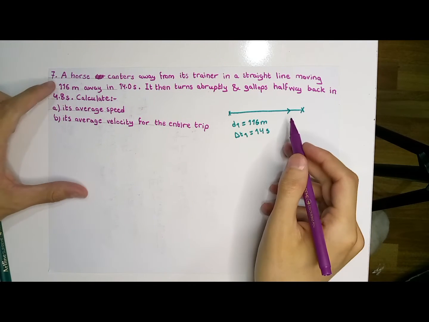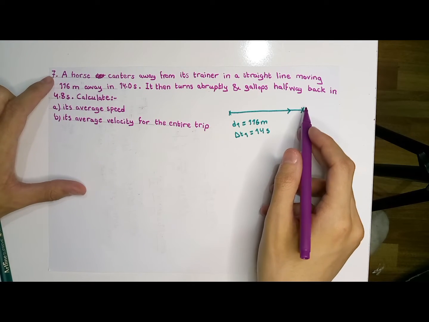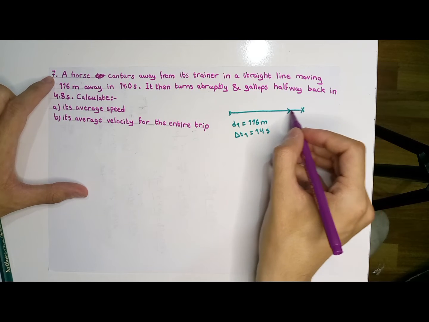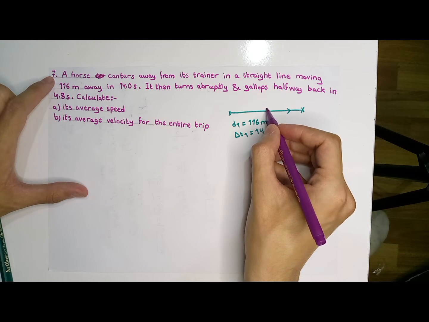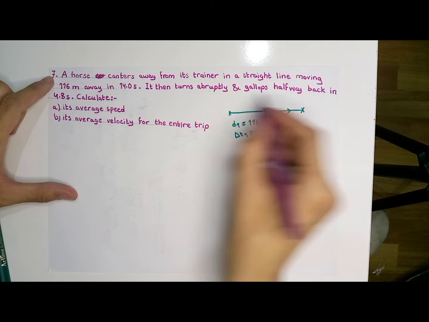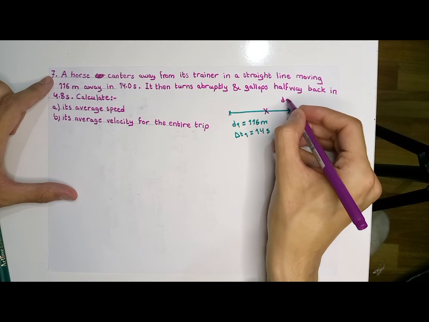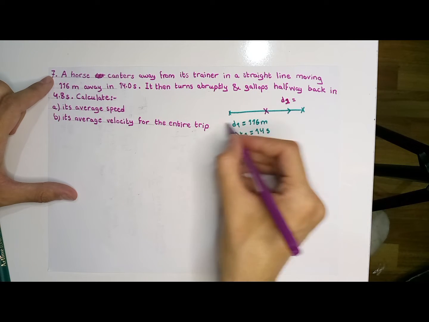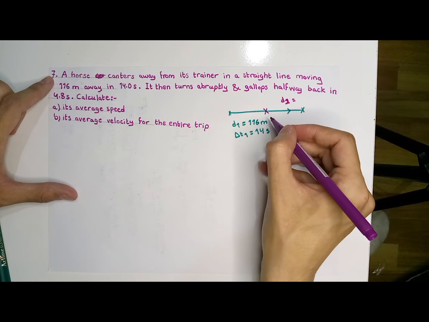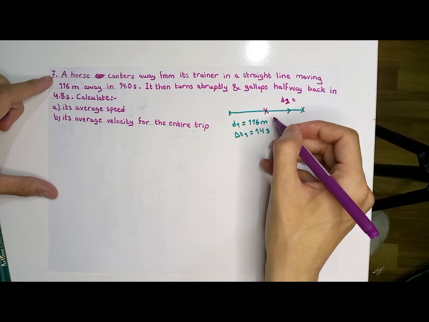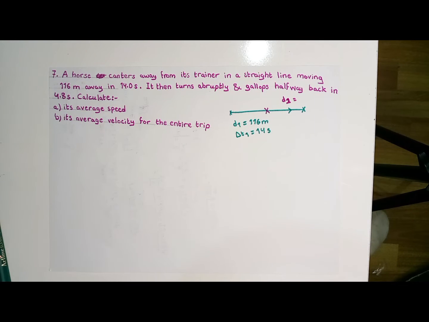Then the horse starts to move in a counter motion from this point, passing the halfway distance in 4.8 seconds, which is 116 divided by 2, equal to 58.